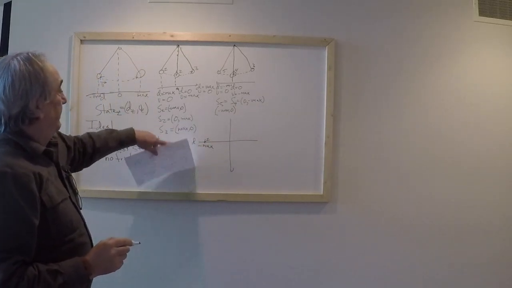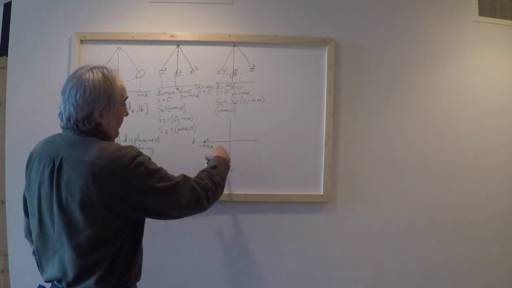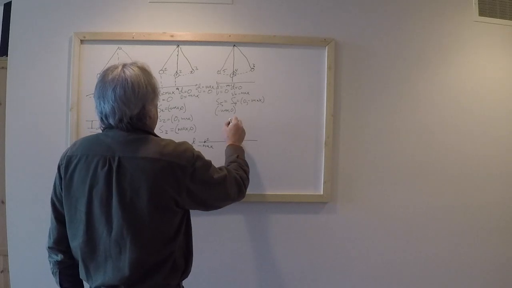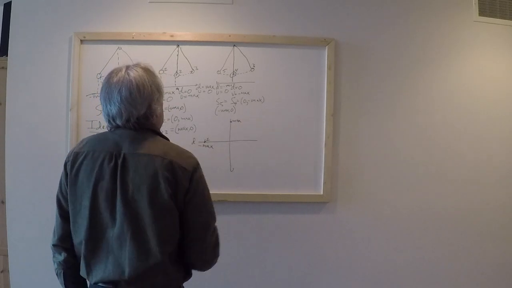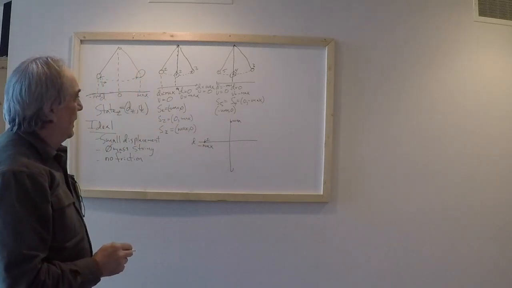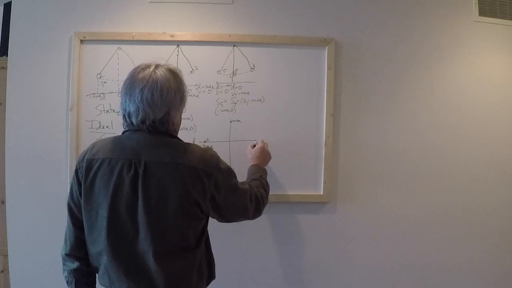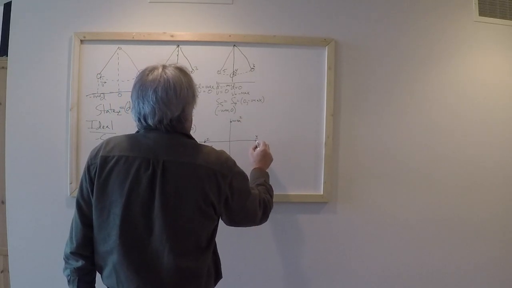At time 2, d is now 0, so d0 is here, and velocity is max, so it's up here. At time 3, d is max, that's 2, and velocity is 0 again.